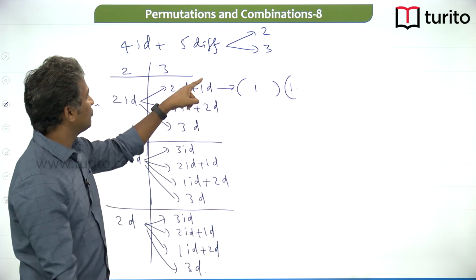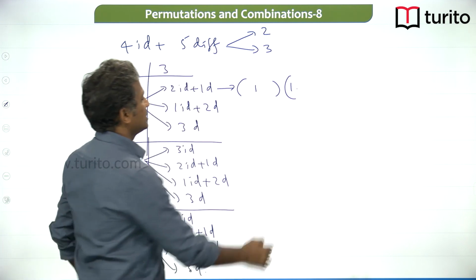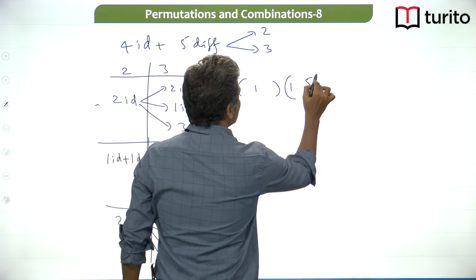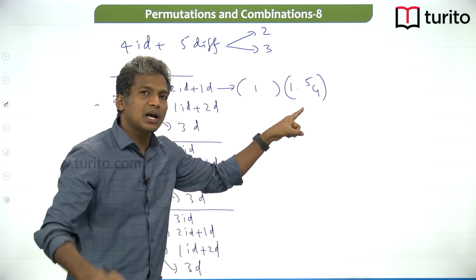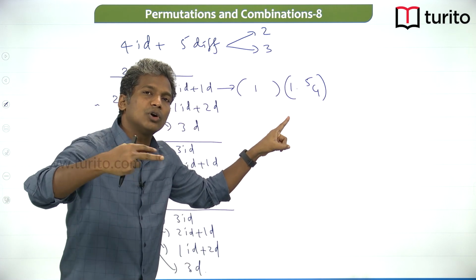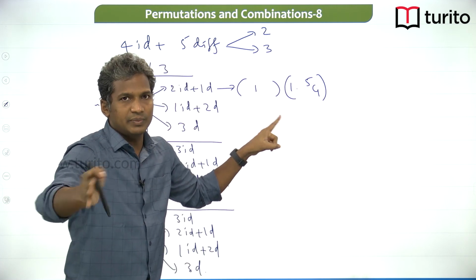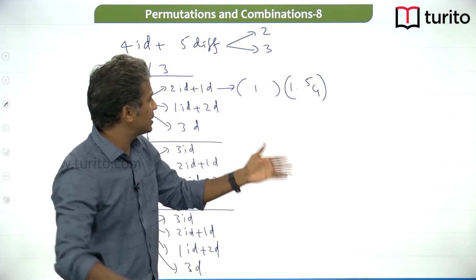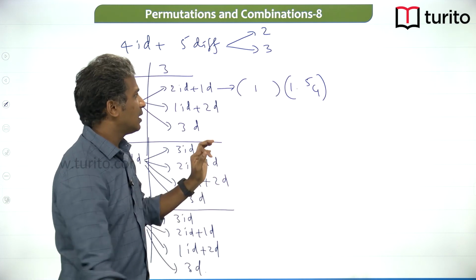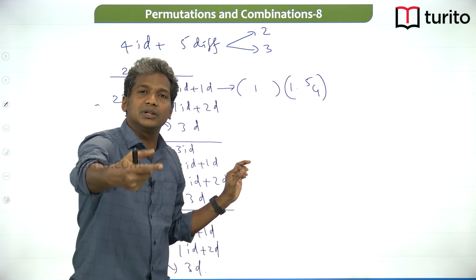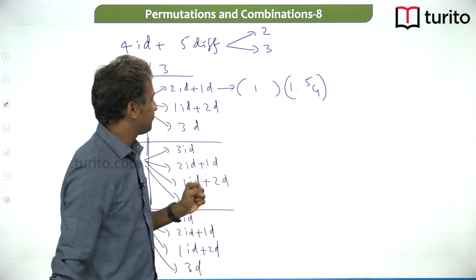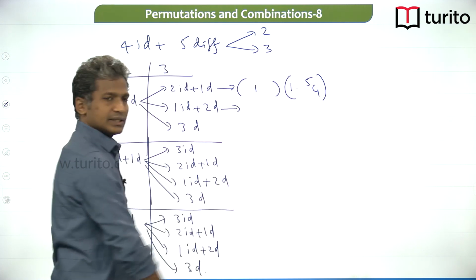And I have to select one different from the 5 different. So that is 5C1. This is the second group, and when we form two groups, automatically the other group is being formed, which we anyways don't care about, so we just stop it here. Okay. So if you are worried about the third group, that has only one way. Okay. Now coming to the next case.